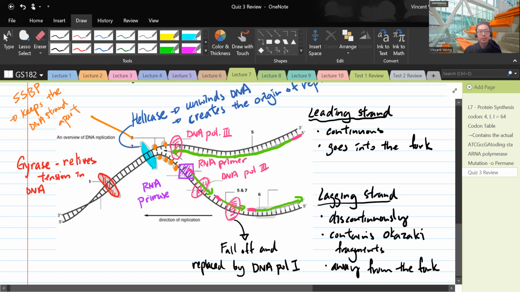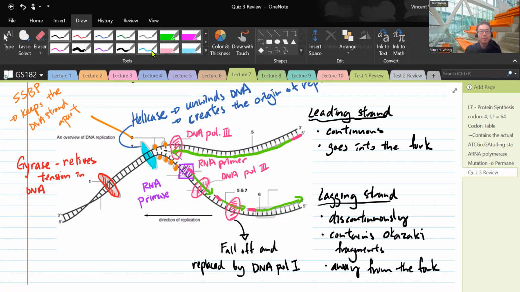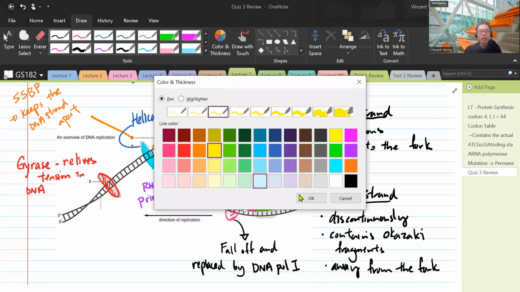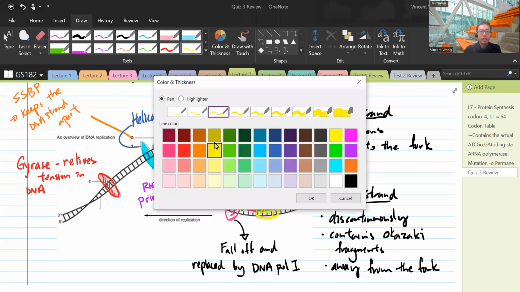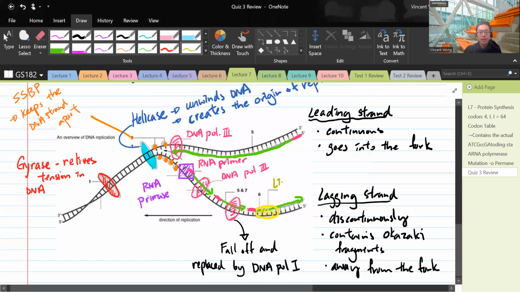Okay, and ultimately we're gonna need to seal the gaps. We have to join the Okazaki fragments, which is what this guy is for. And that is the ligase. Ligase, L-I-G-A-S-E. Okay, that's to connect the Okazaki fragments, right?